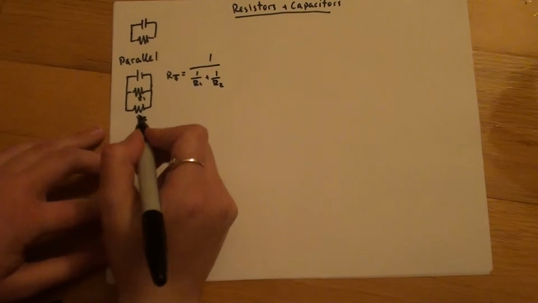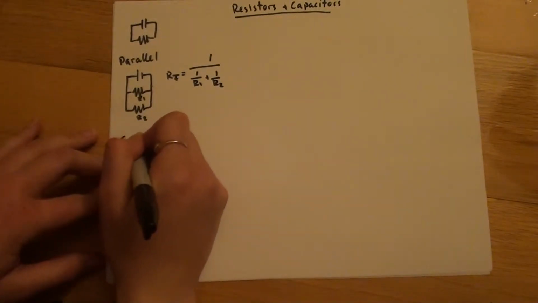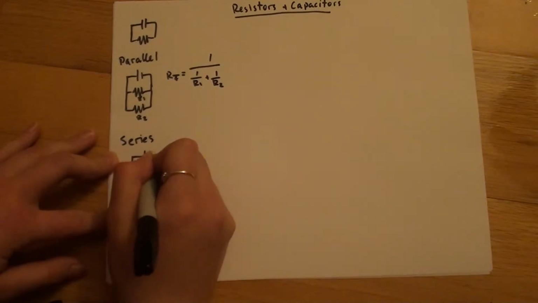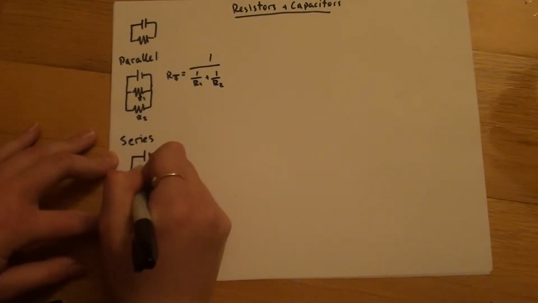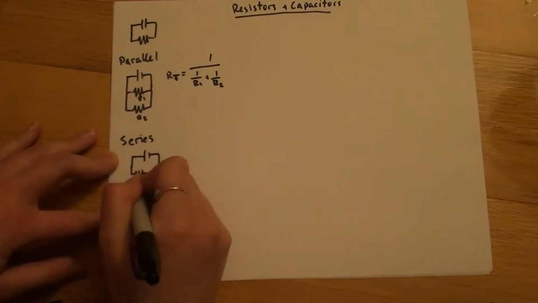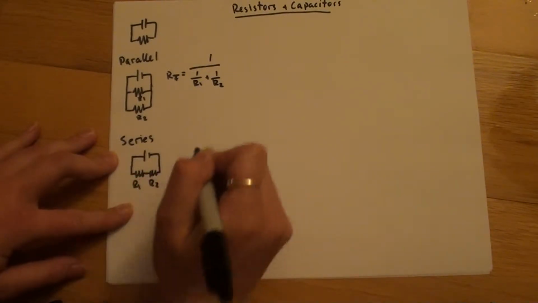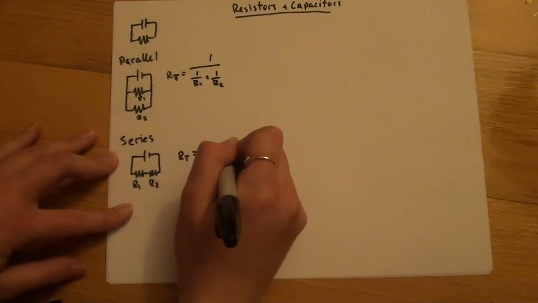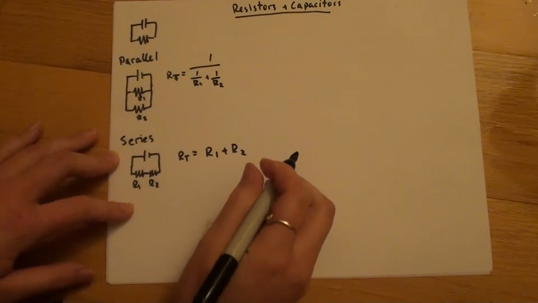Alright, and now we can get a series connection, and in this case there will be two resistors connected like this. So resistance 1, resistance 2, and the total resistance would in this case be just the sum of resistance 1 plus resistance 2.